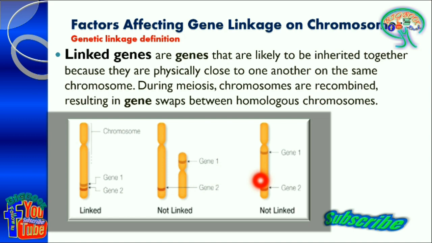Now here are two genes which are far away on the same chromosome, which are again not linked. So here the linkage is one, how closely the genes are located on the same chromosome.